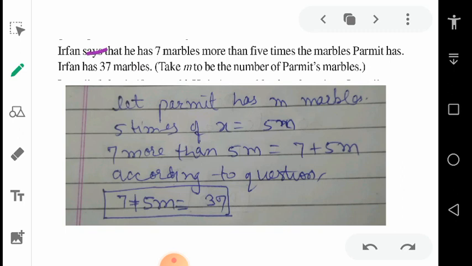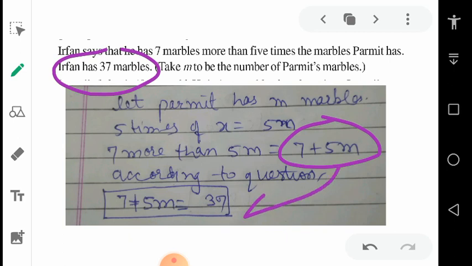Given that Irfan has 37 marbles, and this value 7 plus 5m is also the number of marbles Irfan has, but it is not a constant value because m is a variable. So if it is 37 according to the question, it should be equal to 37. So we write 7 plus 5m equals 37.